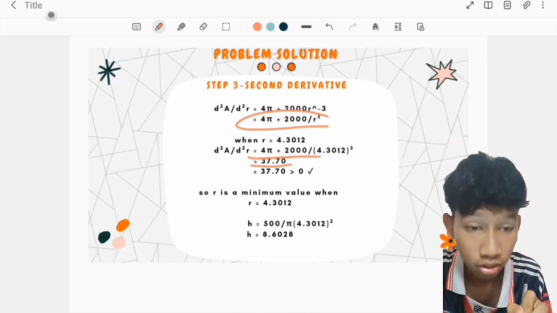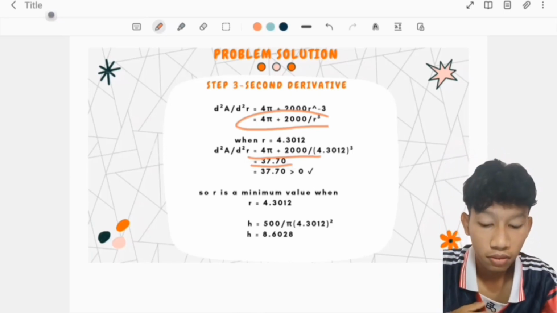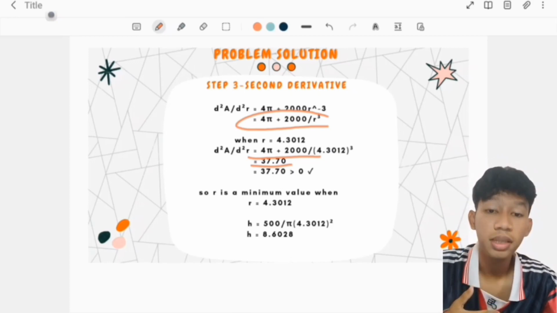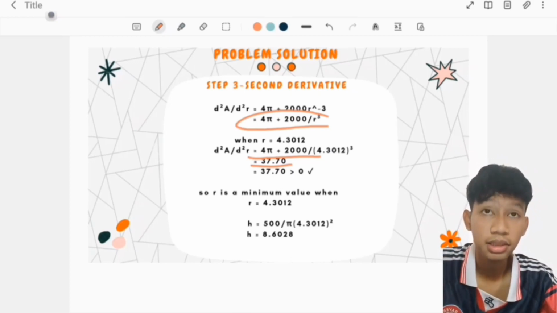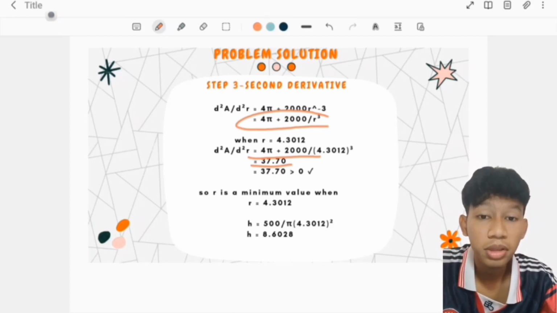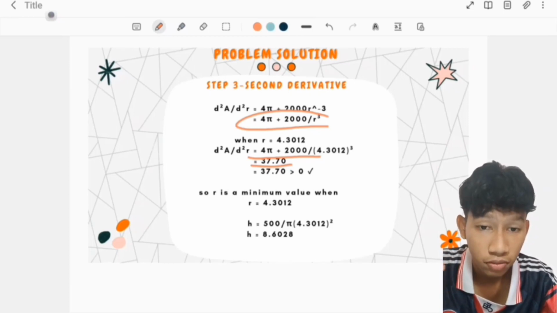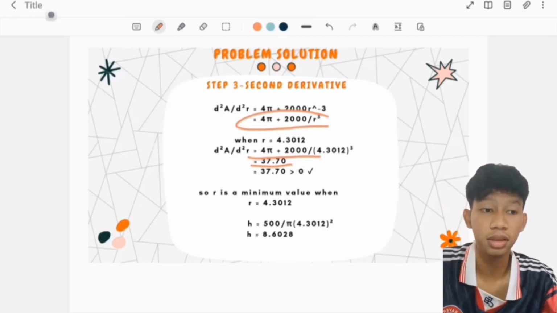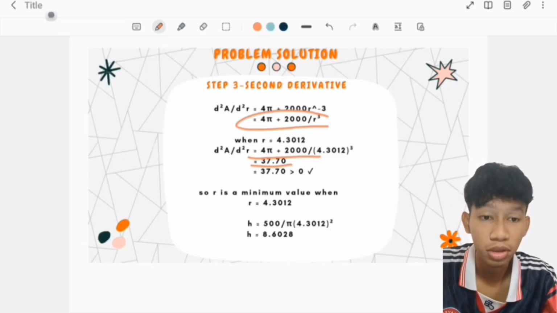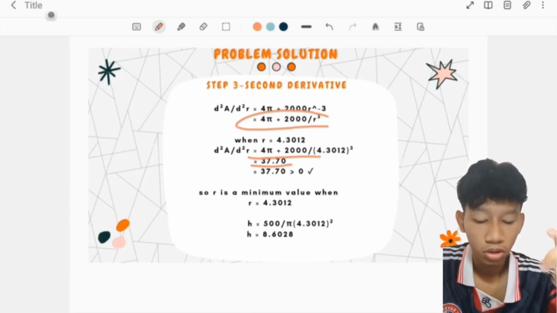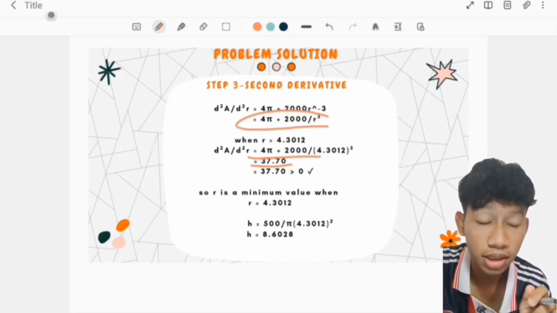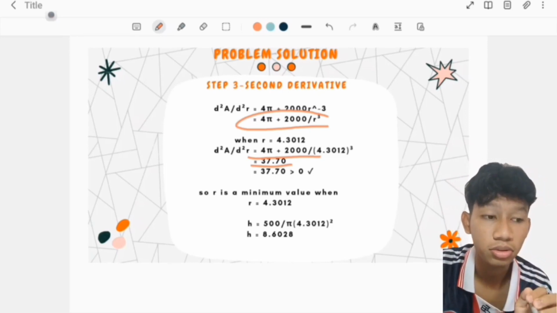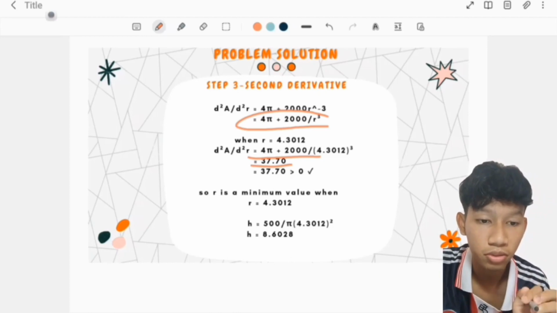Then we solve the equation and we get 37.70. Remember, if the value of the second derivative is greater than 0, it is a minimum value, while if the value of the second derivative is less than 0, it is a maximum value. So for this equation, the second derivative is greater than 0, so it is a minimum value.